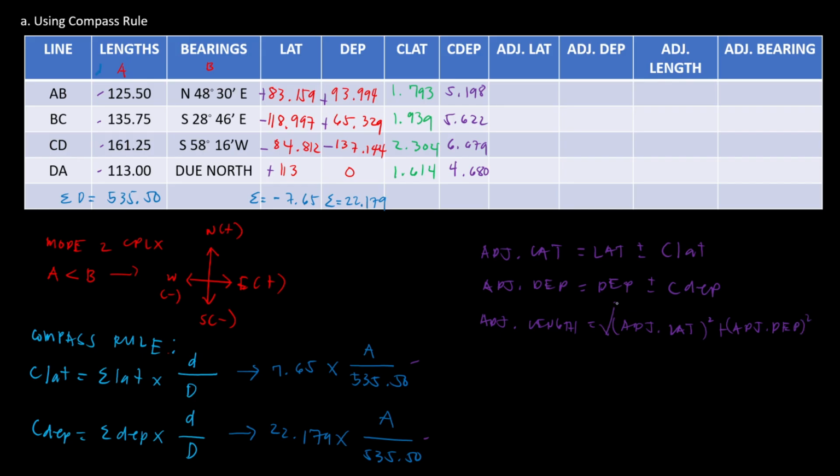And the adjusted bearing is the inverse tangent of adjusted departure divided by adjusted latitude.